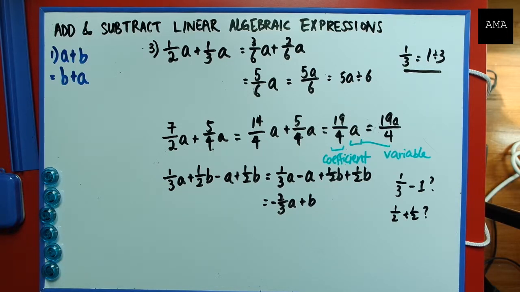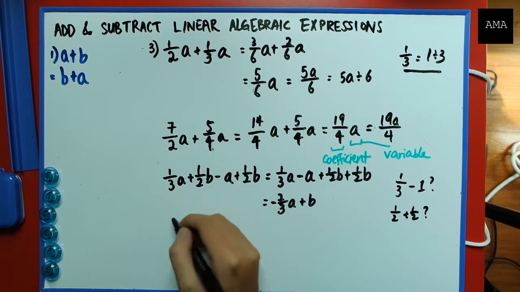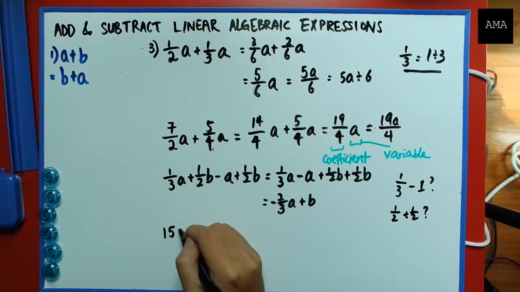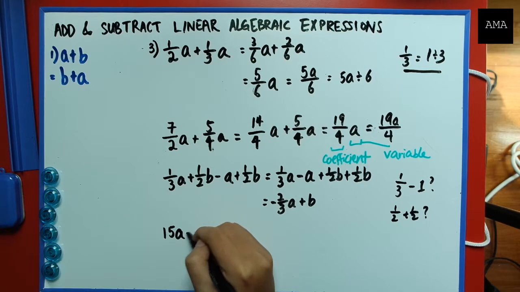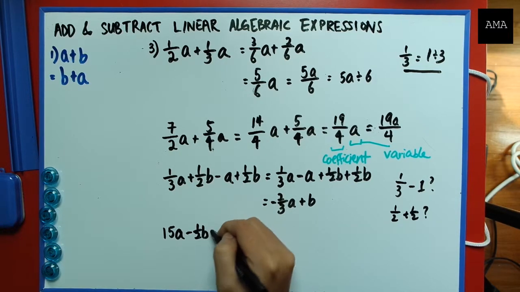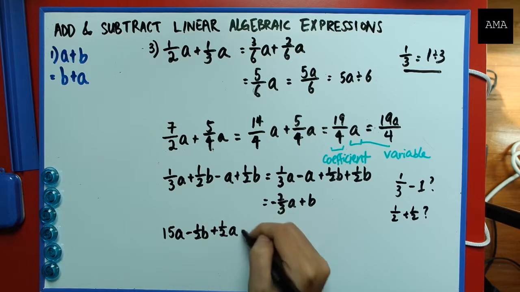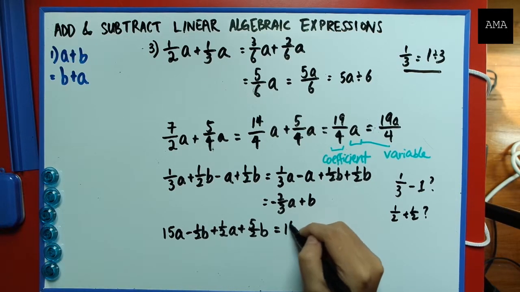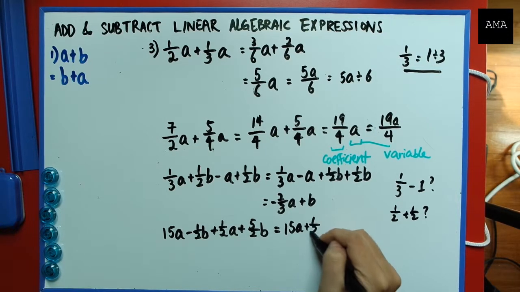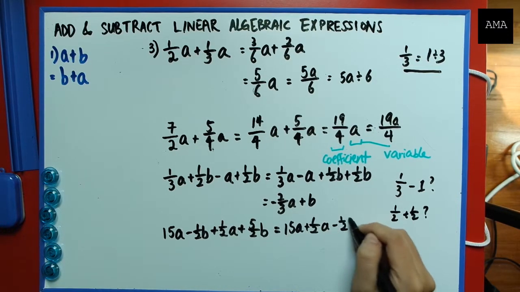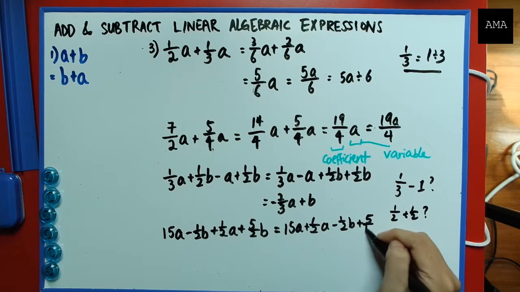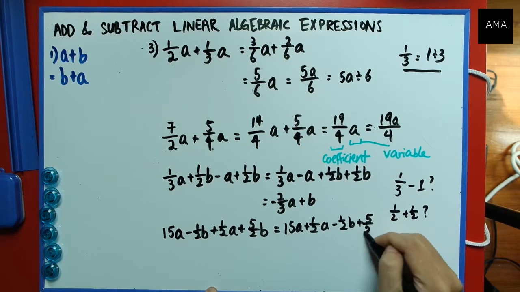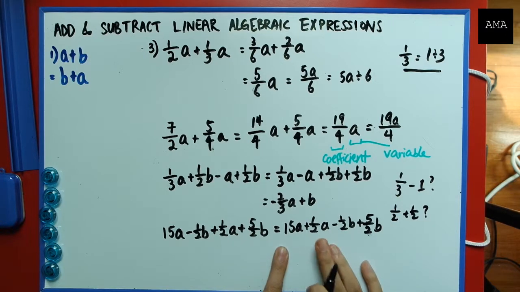Now we do one last one. The last one is, so I'm going to mix up whole numbers with fractions. Here, I'm going to shift all to one side. 15a plus half a.